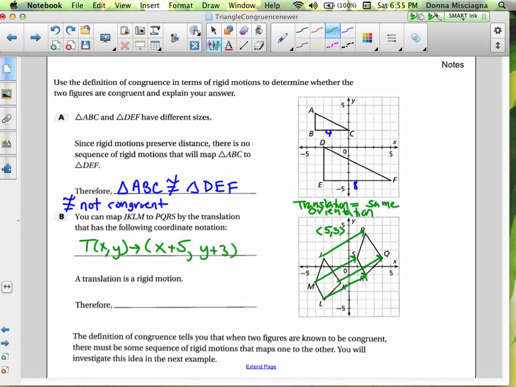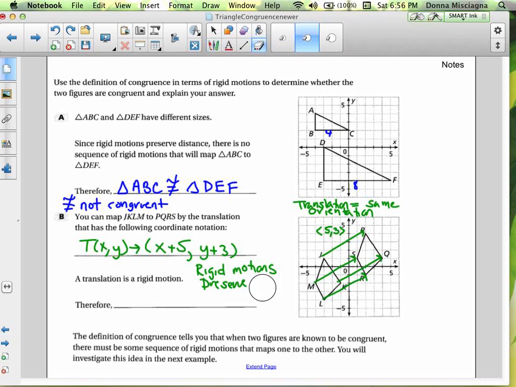A translation is a rigid motion. Right? Remember, rigid motions are isometries. They preserve congruence. Actually, let's write the whole sentence there that I wanted to say. Rigid motions preserve congruence. And we'll use the symbol for congruence.